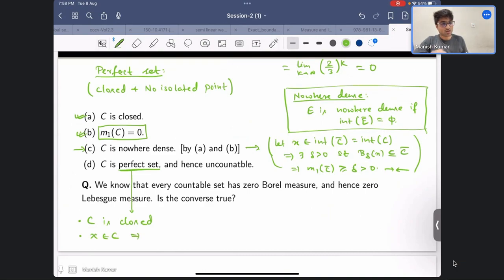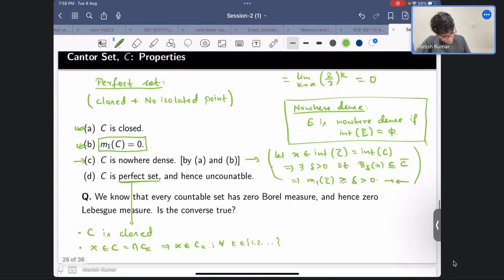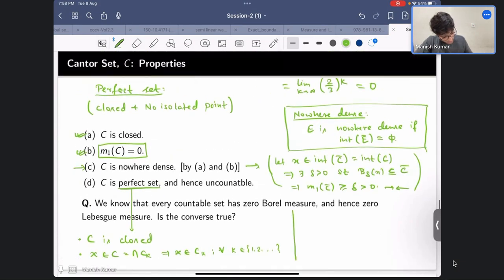First thing, if X belongs to C, that means it belongs to each of the C k, because C is the intersection of C k. This means X belongs to C k for all k belonging to 1, 2 and so on, right?